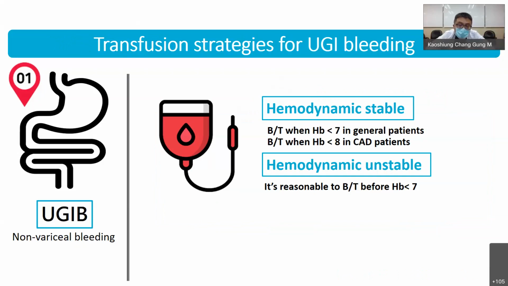If patients have stable hemodynamics, I think it's reasonable to give a blood transfusion if the patient's hemoglobin is less than 7. But if patients have unstable hemodynamics or underlying coronary artery disease, maybe you can give blood transfusion earlier.